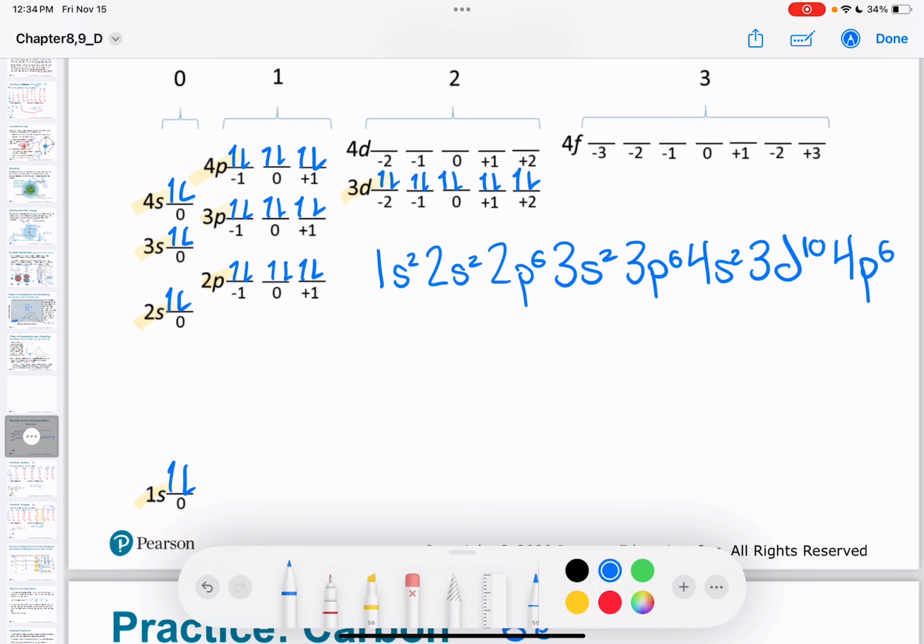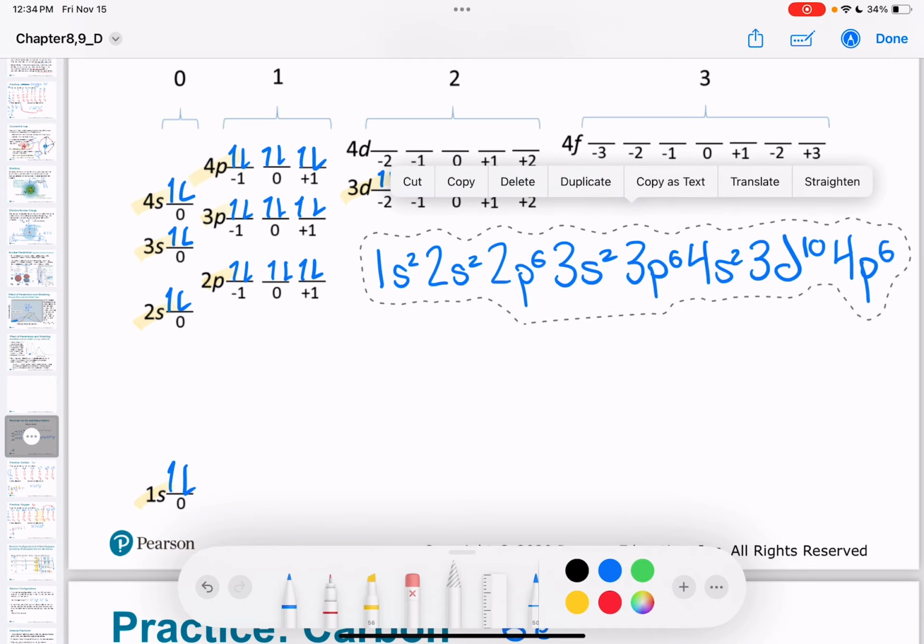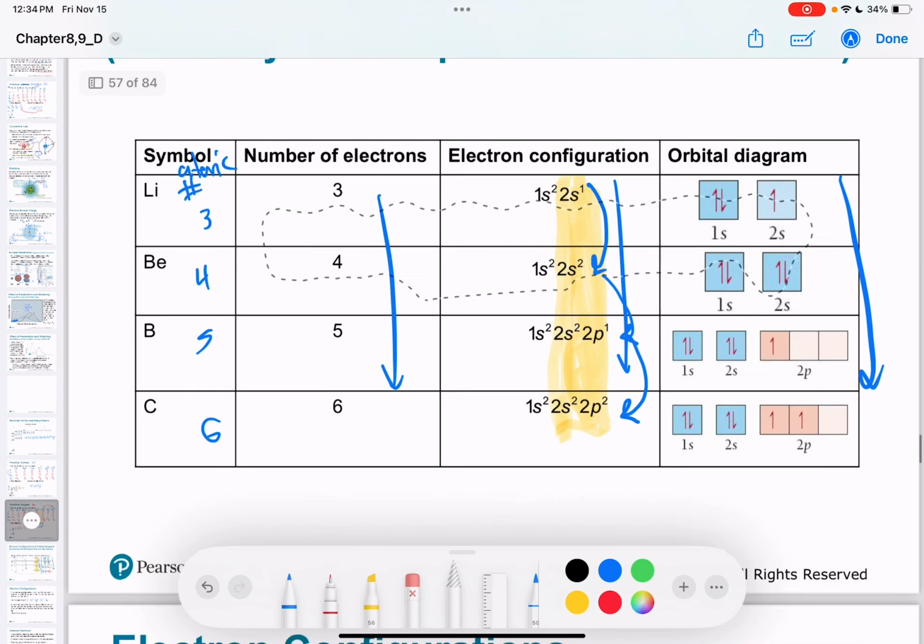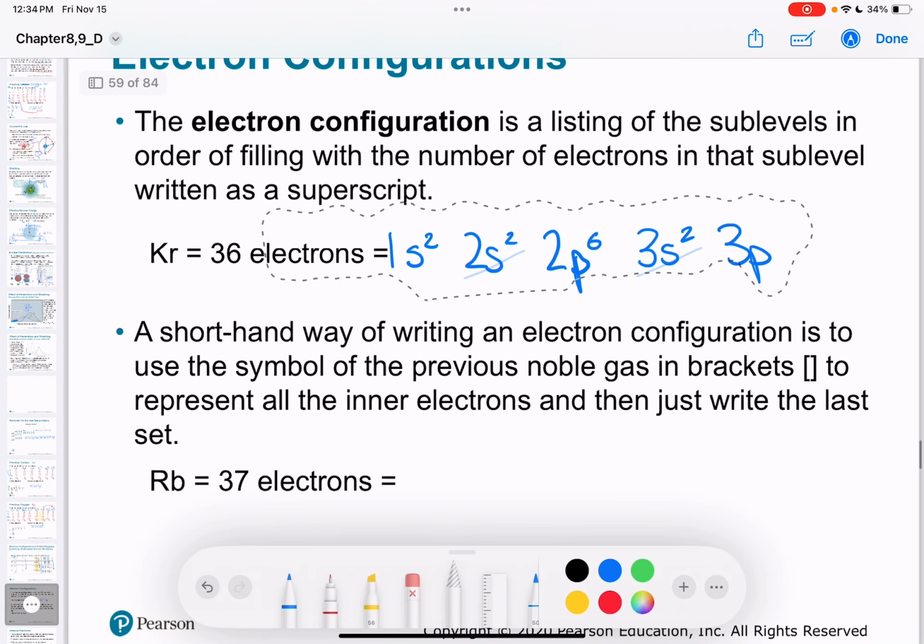So this is the full unabbreviated electron configuration for Kr. So let's just go ahead and copy that and move it down here.